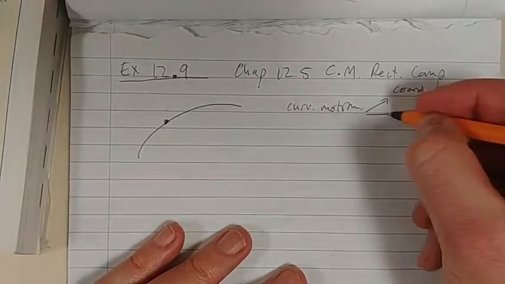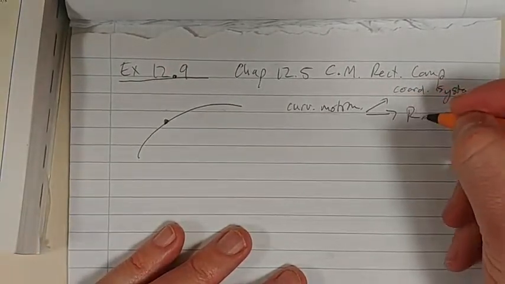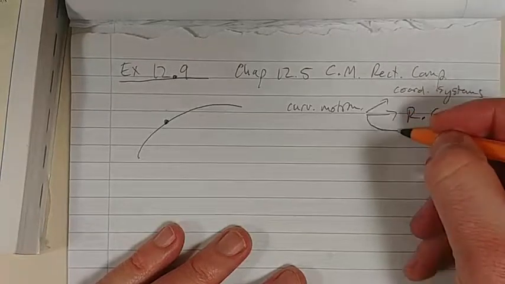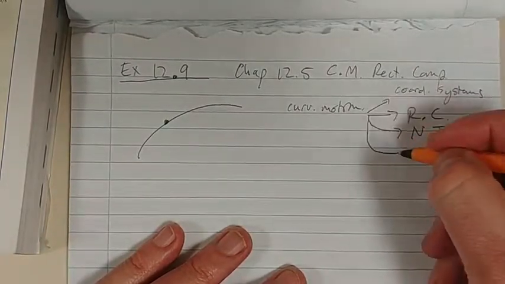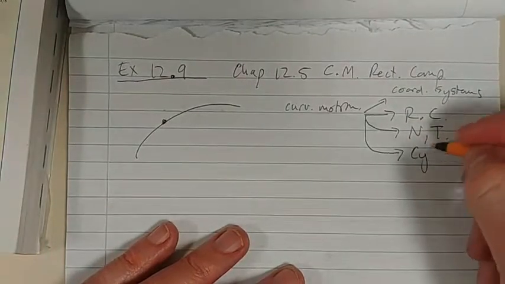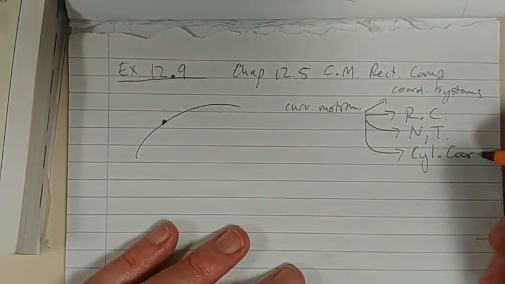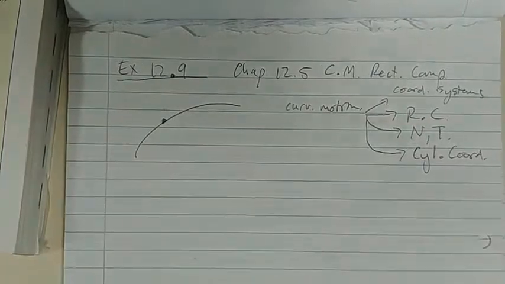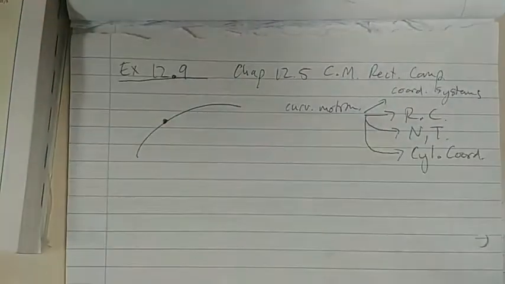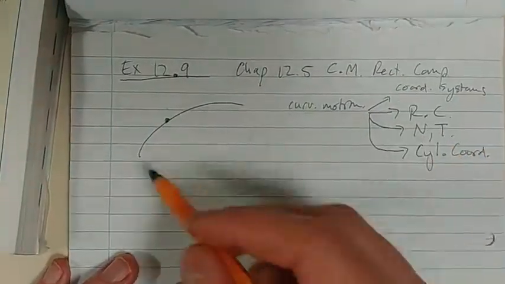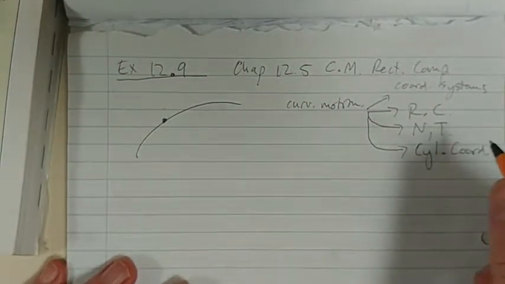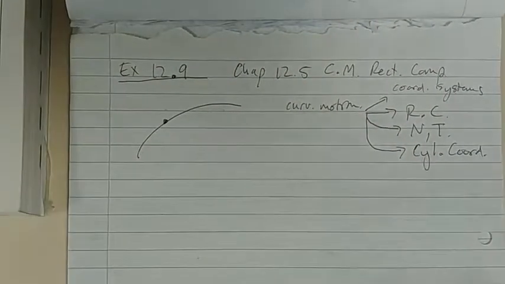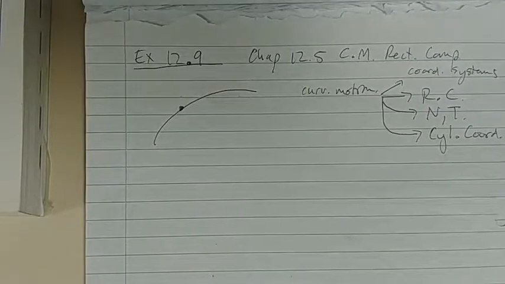The one we're doing now is rectangular coordinates. We are going to do normal and tangential coordinates. And then there's another one which is cylindrical coordinates, which we will not touch on in this course. But the point is, just to give you a bird's eye view, we analyze a particle using different types of coordinate systems depending on what kind of information we have.